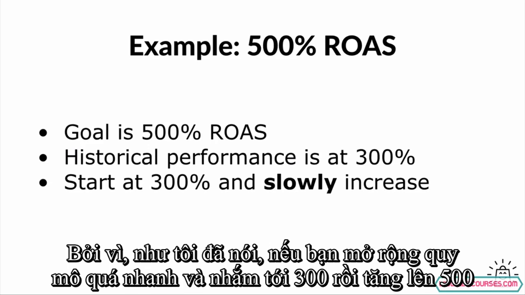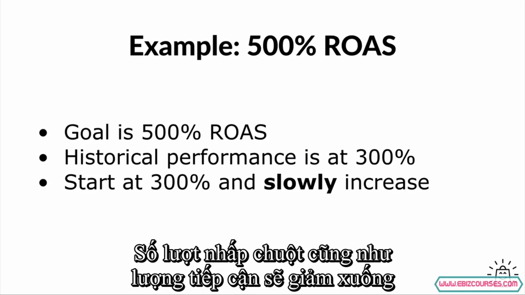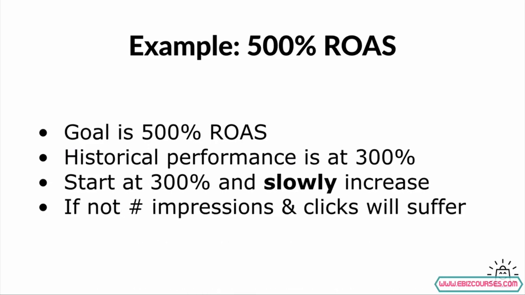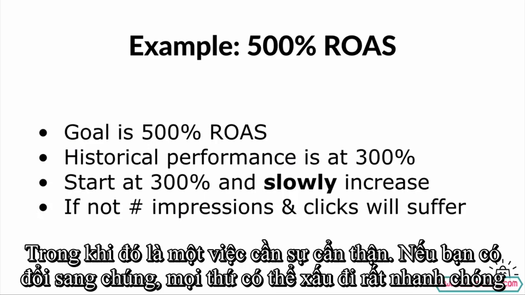Because as I said, if you scale it too fast and go from 300 and then to 500, you will actually starve your campaigns. The number of clicks and impressions will go down. I've seen this happen a couple of times where people just make random changes to this ROAS, and it's really like a delicate thing. If you make switches to it, things can go south pretty fast.